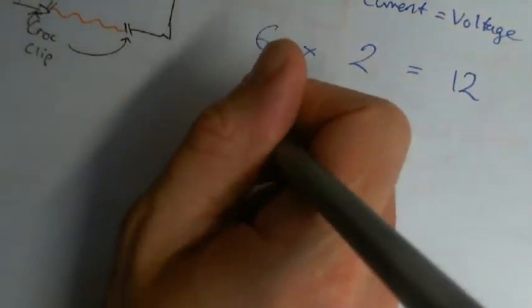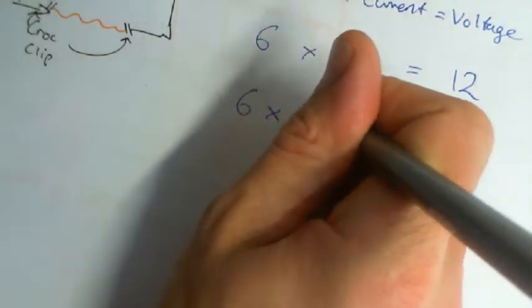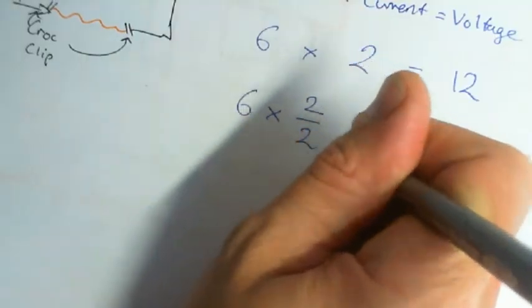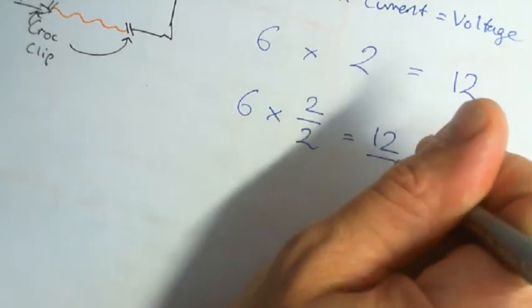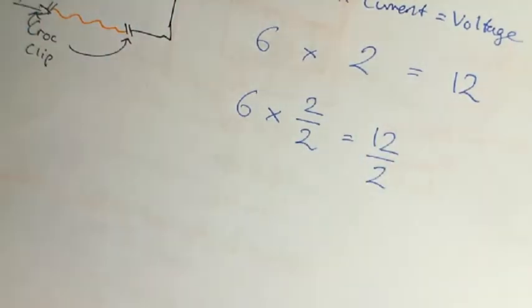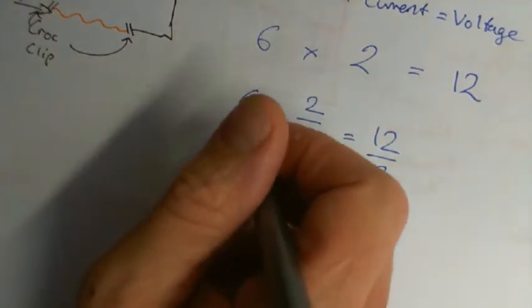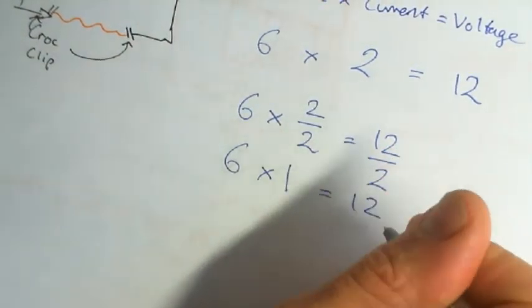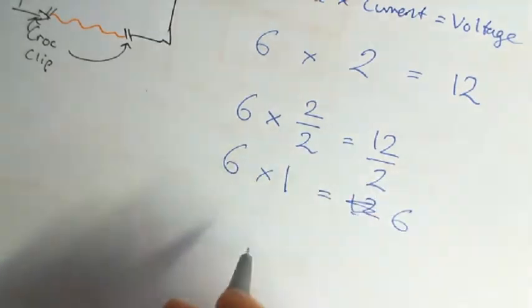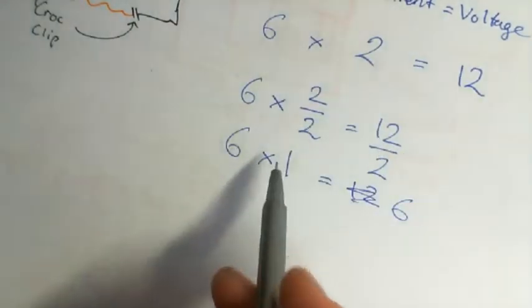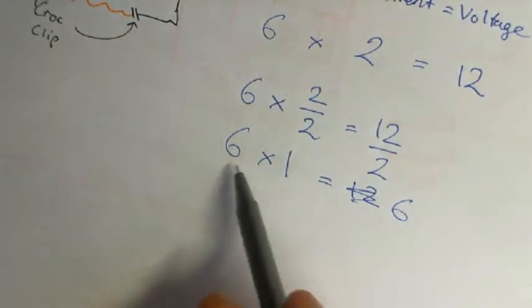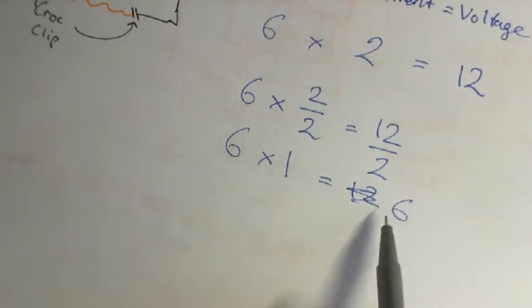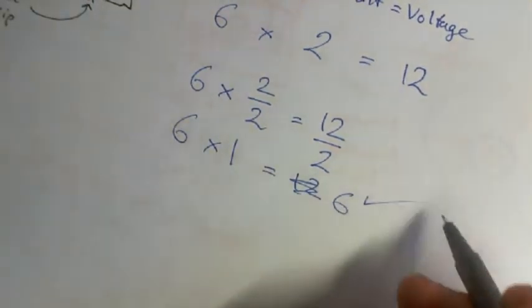So I get 6 times 2 divided by 2 equals 12 divided by 2. Now 2 divided by 2 is 1. So 6 times 1 equals 12 divided by 2, which equals 6, sorry. So 6 times 1 is equal to 6. So that's okay. That means it worked.